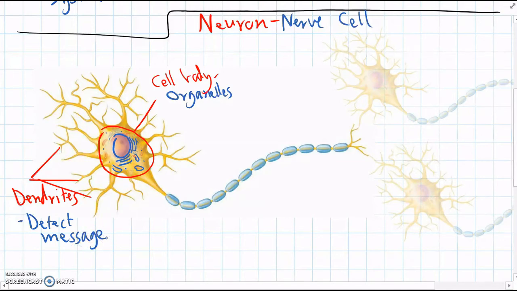So there will be another neuron coming down with its branches, and the message will travel along that neuron into the dendrites of this nerve cell. Then the message passes along this long tail part here, and the tail is called the axon, and the axon carries the message.